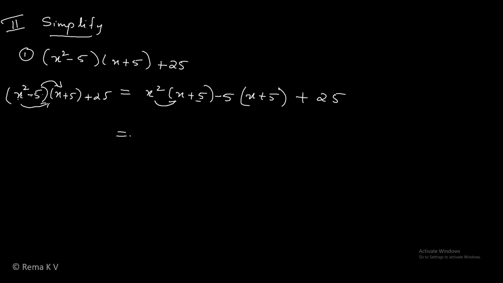Multiplying these two, x square into x, it is x cube, then plus sign here, x square into 5, it is 5x square, then minus 5 into x, which is minus 5x, minus 5 into 5, which is minus 25, and now the last term plus 25.